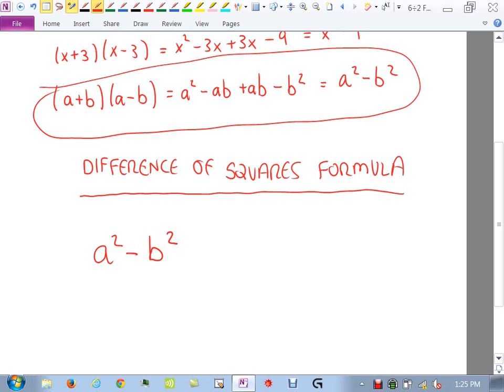Difference meaning subtraction. That this will always turn into a plus b times a minus b, without you doing any work. You don't have to do GCF. You don't have to do any other thing. Just identify the two things here, and you just plug them into this formula, and you are done. All right?